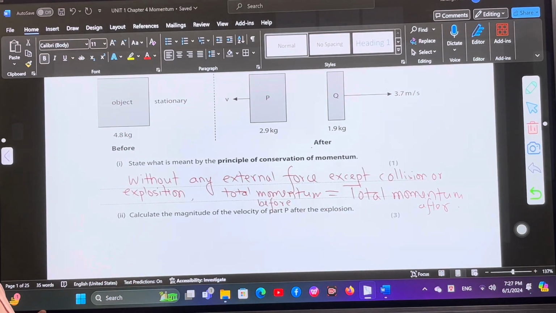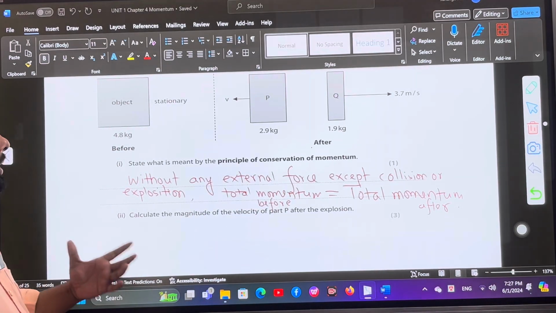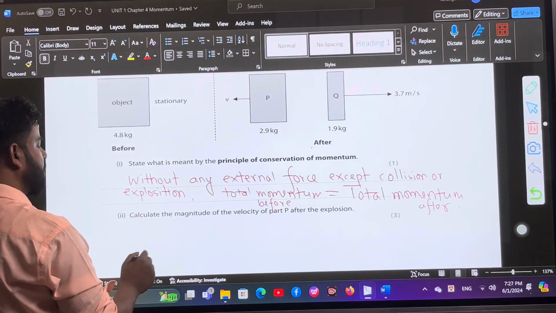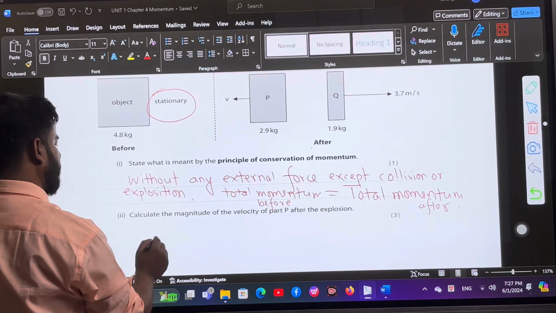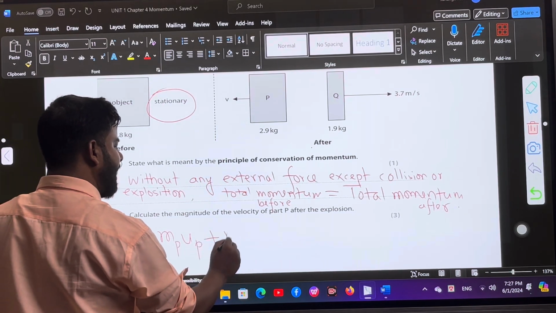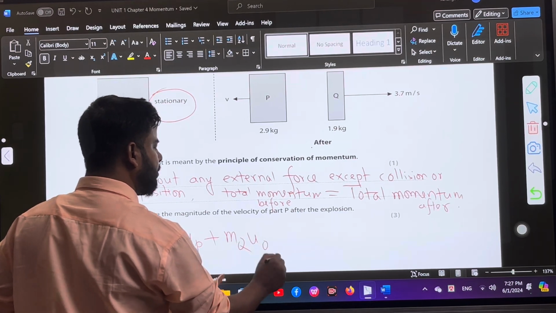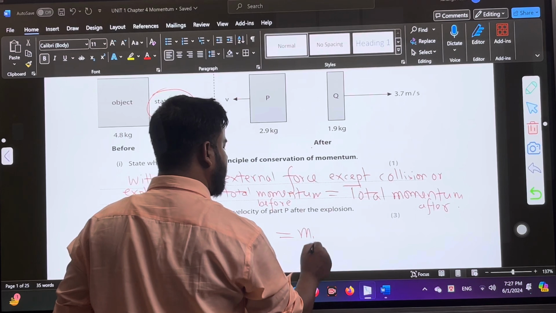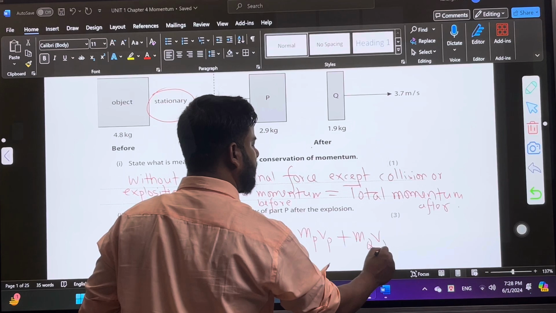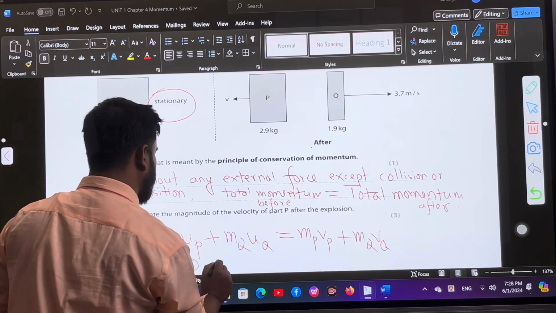Calculate the magnitude of the velocity of the part P after explosion. Before explosion, total momentum was 0 because it was stationary. So mass of P times initial velocity of P, plus mass of Q times initial velocity of Q, equals mass of P times final velocity of P, plus mass of Q times final velocity of Q. So total momentum before was 0.